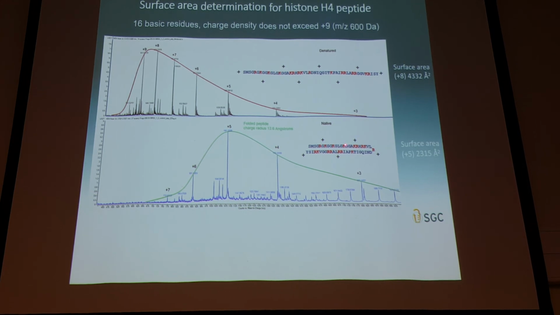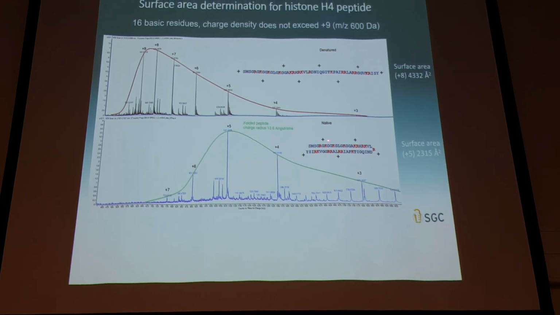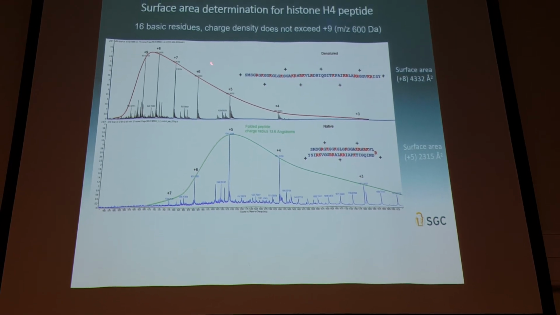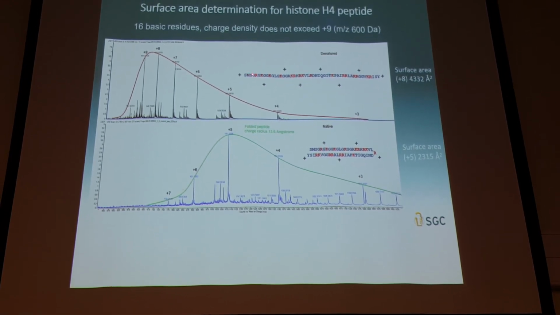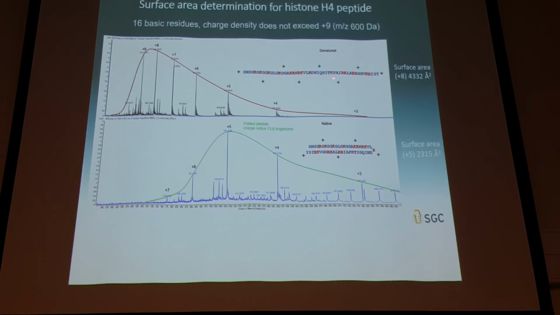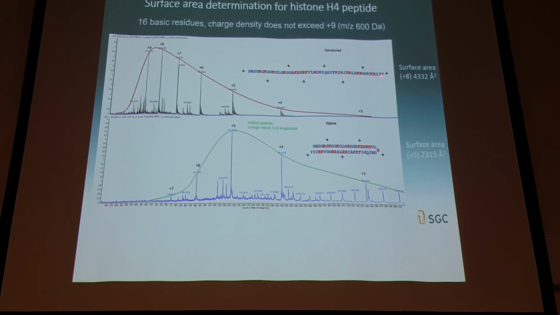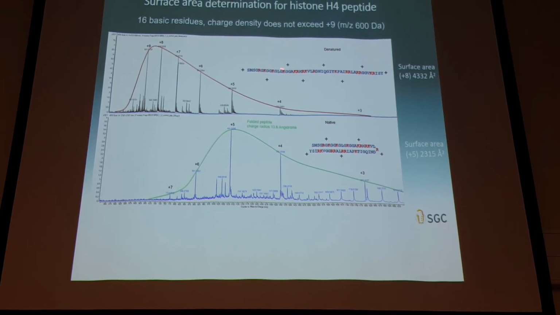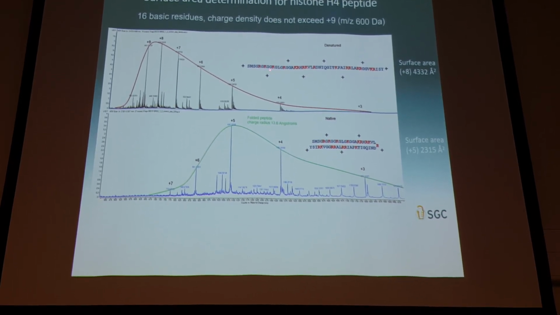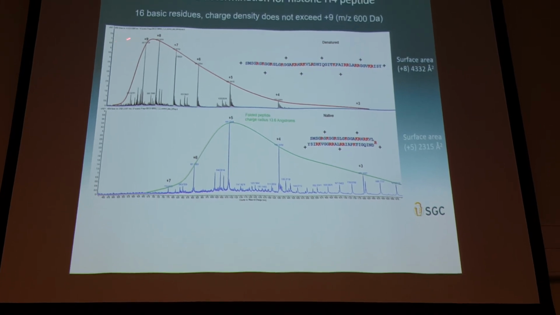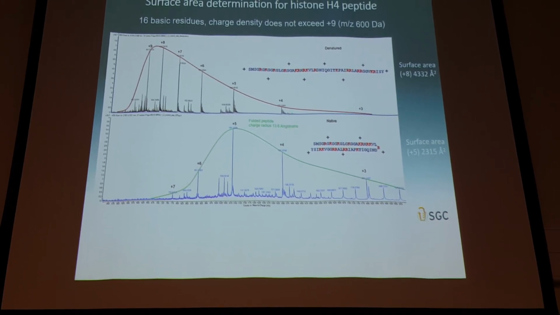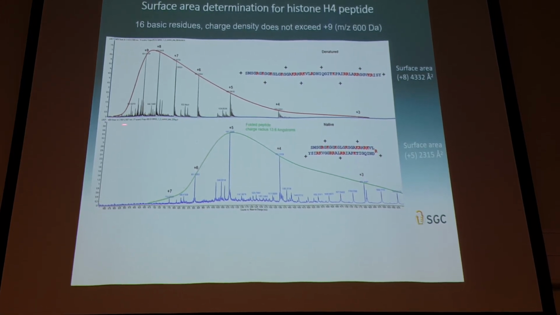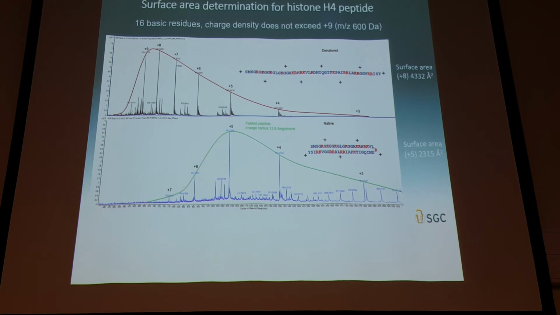The only way you can explain this is that this peptide is folding backwards. My earlier point is you can't use the number of basic residues in this extremely basic peptide to calculate the charge state, because it has 16 basic residues, but the maximum charge state here is 9. And you cannot generate a spectrum from a peptide which has an MZ value less than 600.